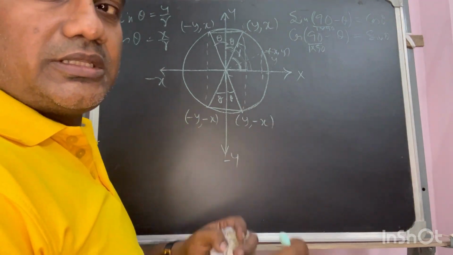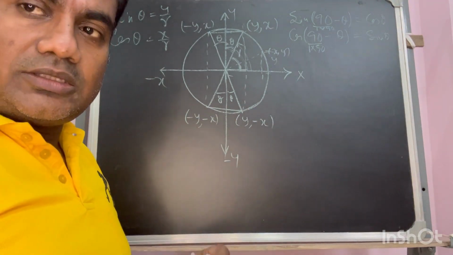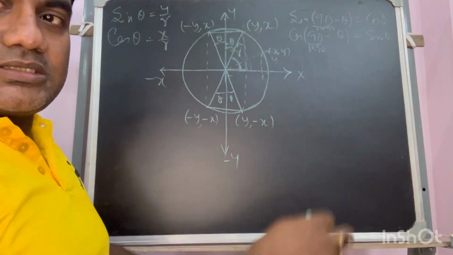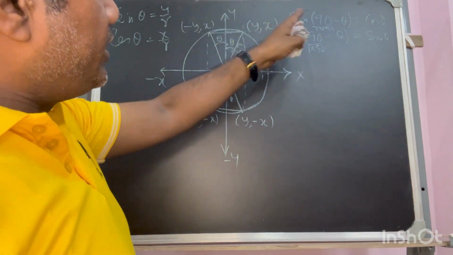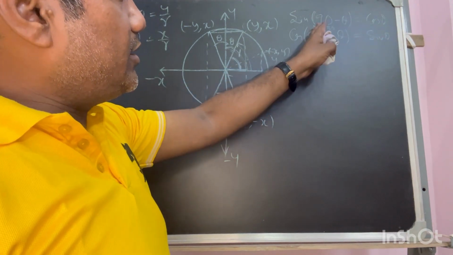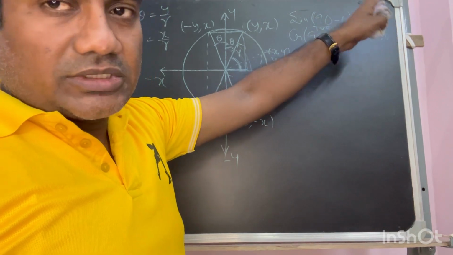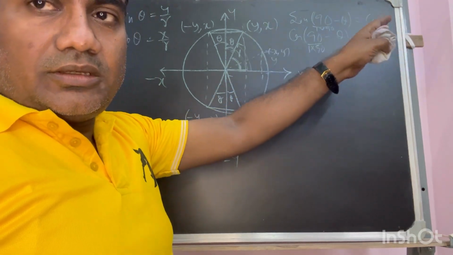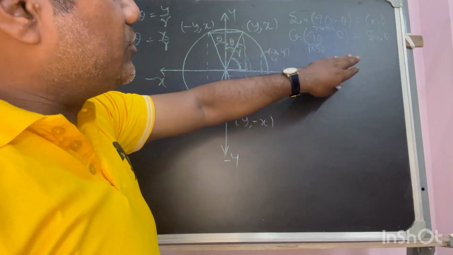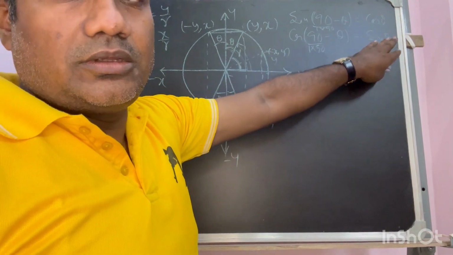So you can understand the correlation with the earlier case. In the earlier case the multiples of 90 were even, so the ratio was not changing. Here it is an odd multiple, so the ratios are changing to the related ratios. Now in the first coordinate all are positive, so this will come along with the positive sign.